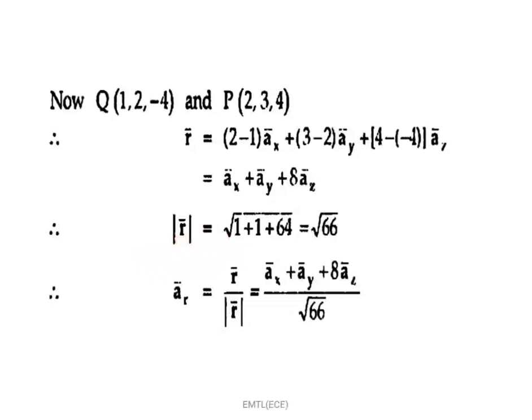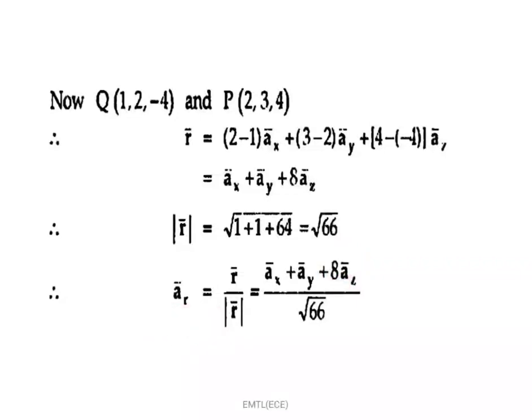Now mod of R bar is the square root of coefficient of ax bar squared, that is 1 square, plus the square of the coefficient of ay bar, that is 1 square, plus the square of the coefficient of az bar, that is 8 square, which is 64. So the magnitude of R bar is square root of 66.